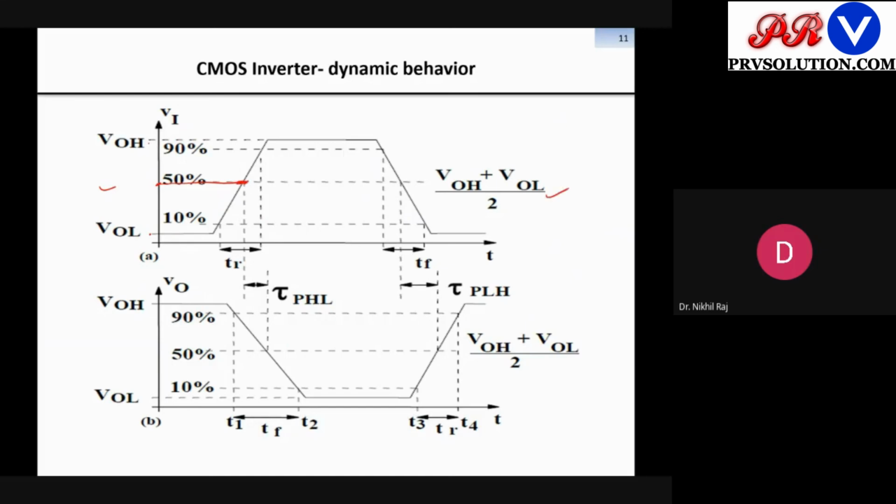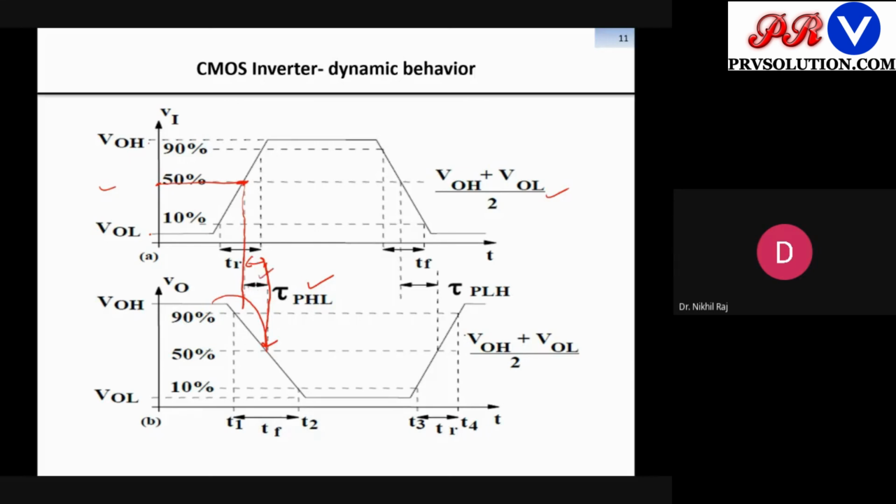Now this 50% is at this point, and if you draw it, it comes here, and the output 50% is here. The difference between these two is nothing but the high to low transition time. Output is coming from high towards low. So TPHL is the high to low transition at 50%.